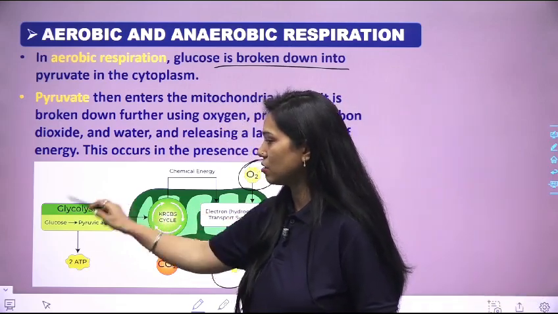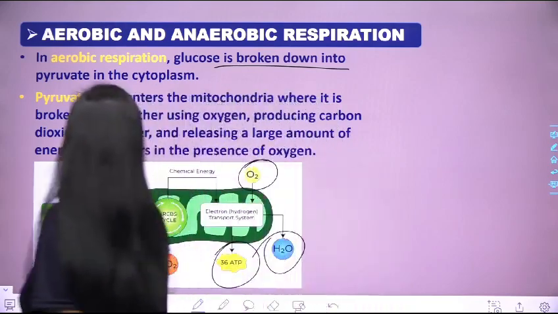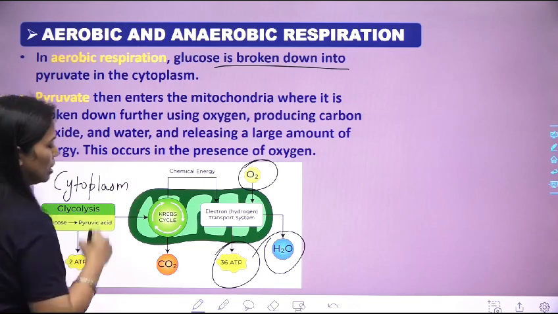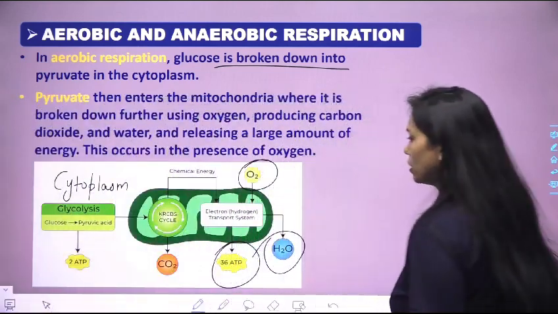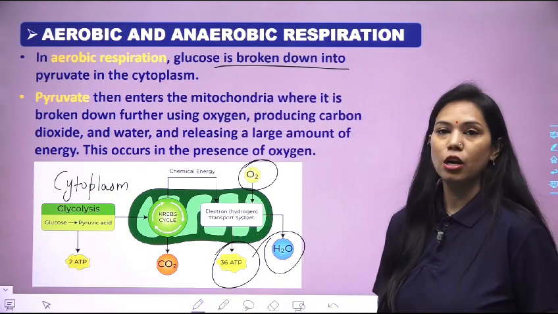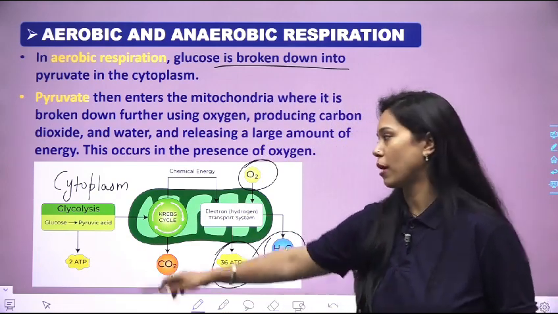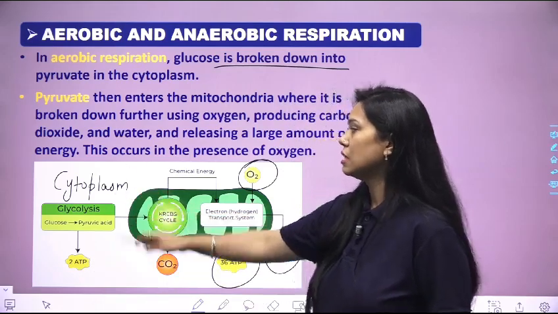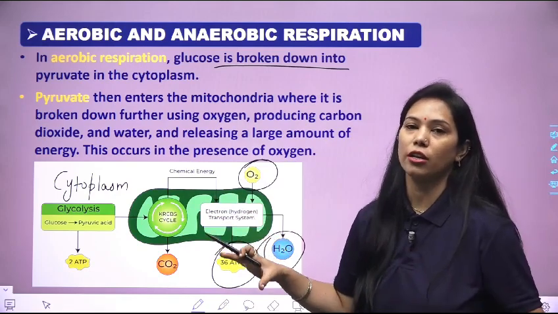This glycolysis reaction occurs in the cytoplasm of the cell, resulting in the formation of 2 ATP. Glucose is broken down into pyruvic acid plus 2 ATP, and this reaction occurs in the cytoplasm. This is a common reaction.